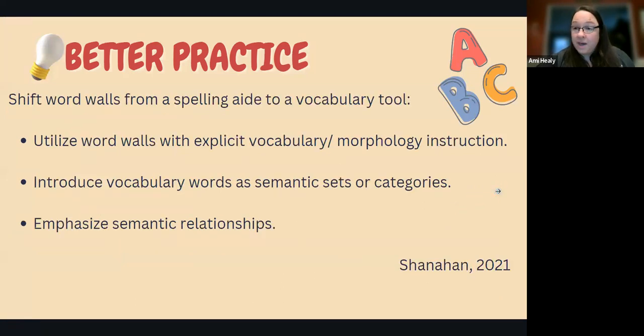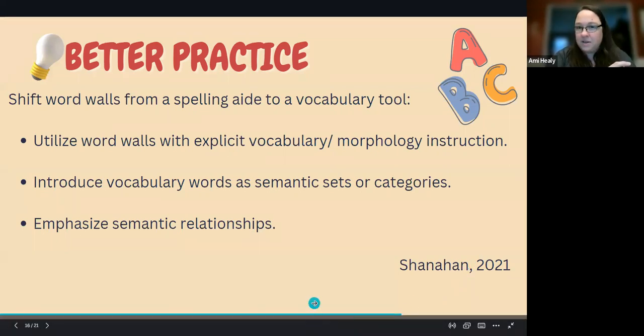If it's for vocabulary, then we're thinking about a different side. Maybe we can shift our word wall to be used as a vocabulary tool instead, which would mean using a different set of words. So maybe use the word wall with vocabulary or morphology instruction.